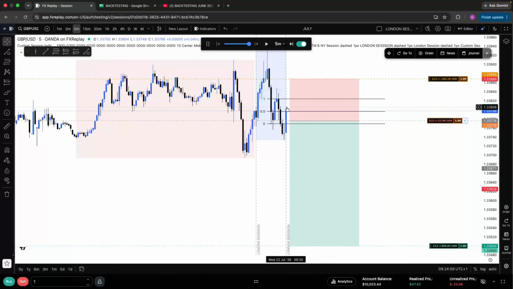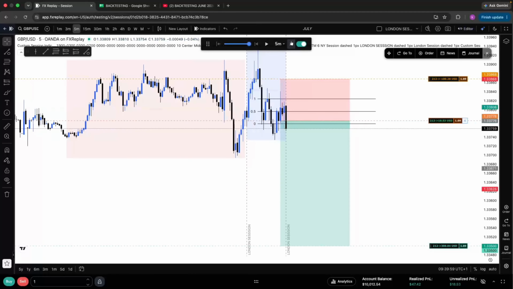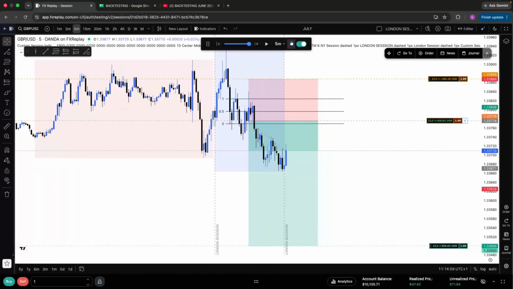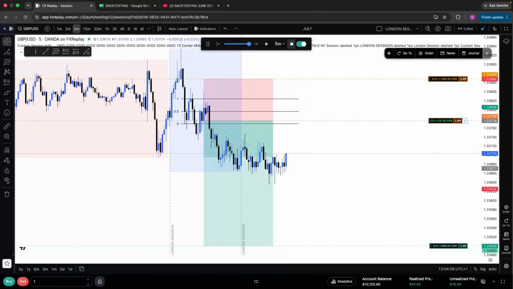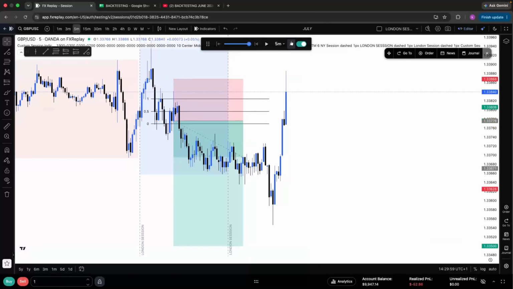So we've been tagged in, tested the highs, so profit, just create a nice bearish structure, just consolidate it, and we lose.